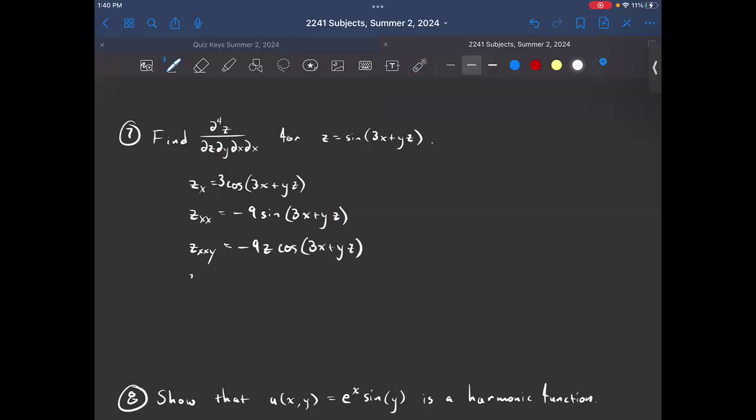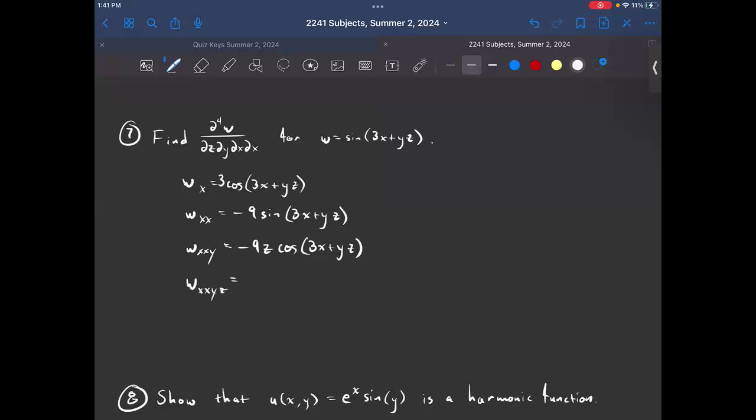And now I take a... oh, that shouldn't have been a z, I'm sorry. That was supposed to be a w. So let's fix that real quick. w is what I should have been writing here. w, x, x, y, now z.